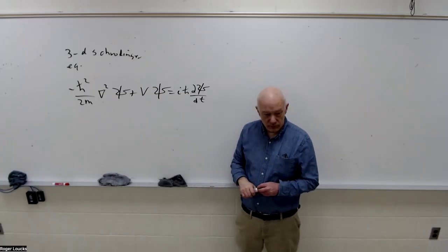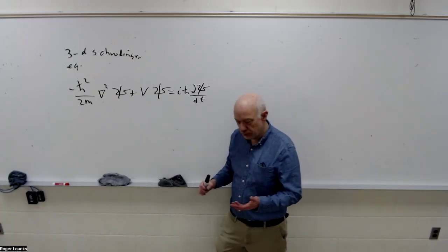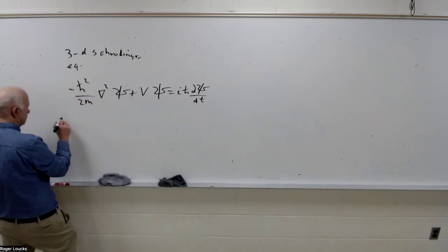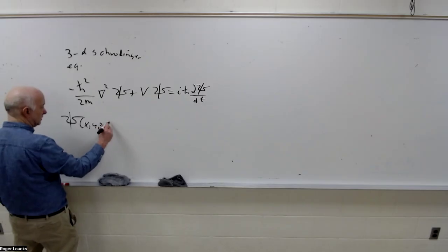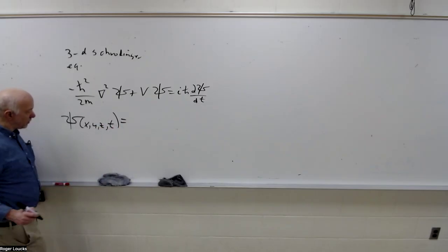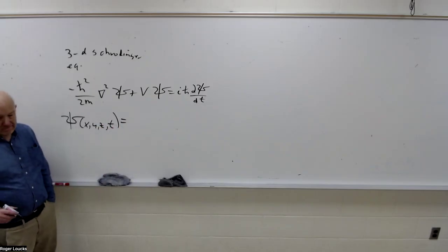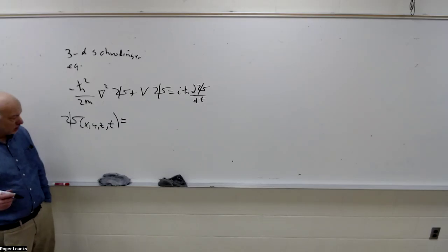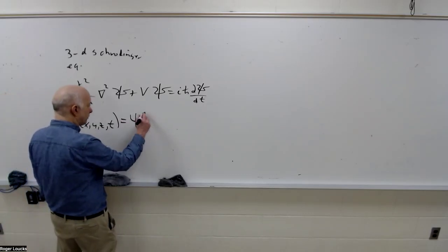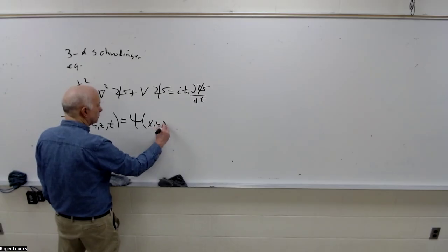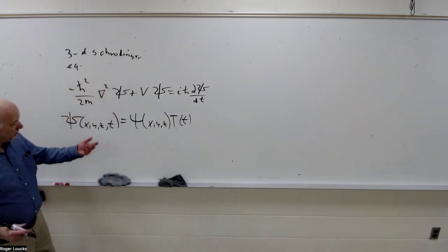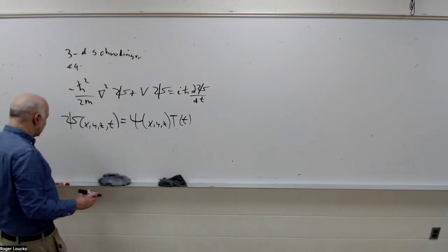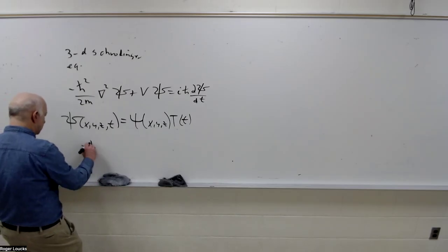We assumed a product solution. This is a function of x, y, z, and t. The product solution is a product of what two functions? Position and time. So we just called it psi, a function of x, y, z, just a function of position, and then we have this time function T of t. We put this all in there, we beat on it, and the result was we ended up with this guy here.